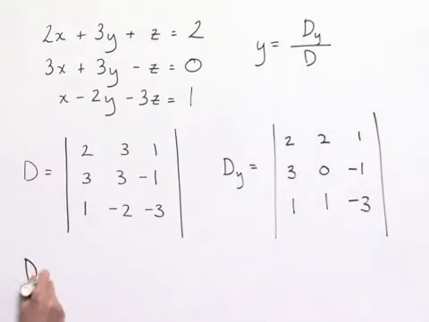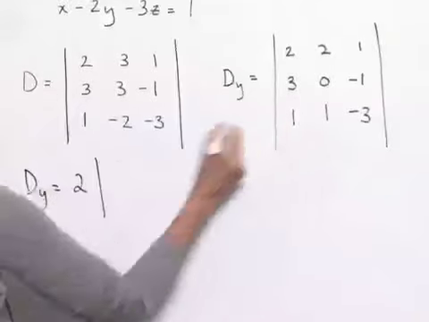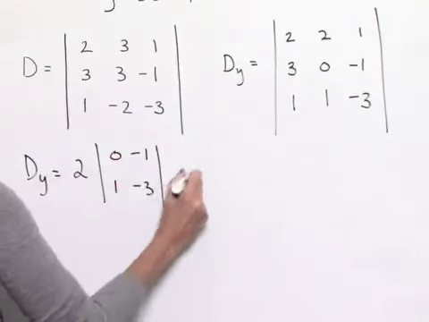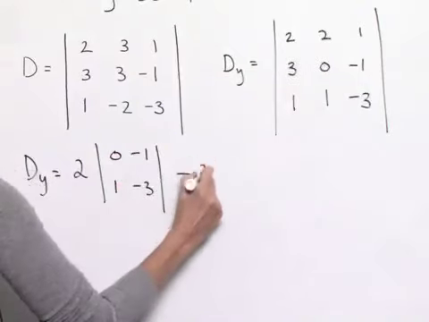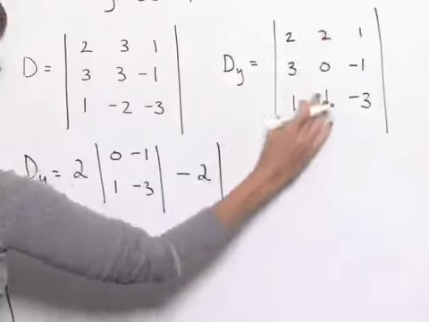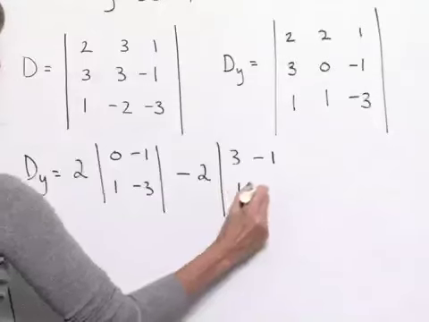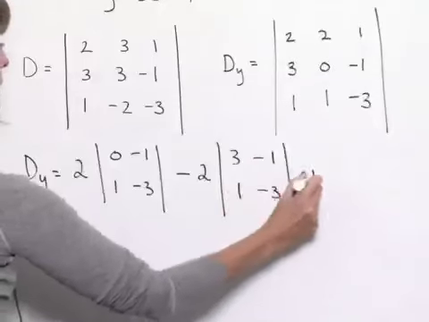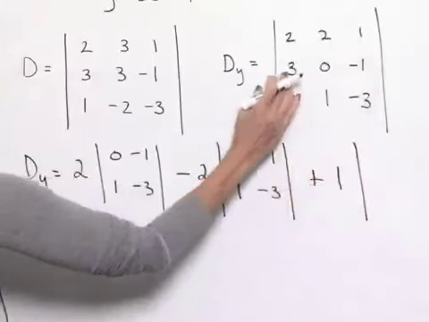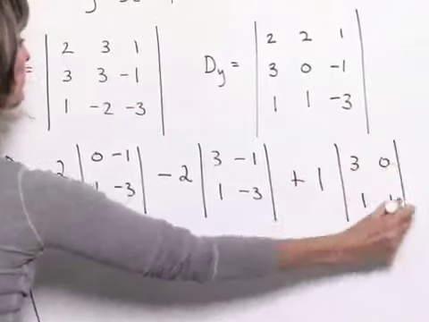We'll have d sub y equals the value of 2 times the 2 by 2 determinant, 0, negative 1, 1, negative 3. Minus, we'll take the next entry on the first row, that's a 2, times the determinant, which is going to be formed by, again, taking out the row and the column. So we'll have 3, negative 1, 1, negative 3, plus our last entry, 1, times the 2 by 2 determinant, 3, 0, and 1, 1.